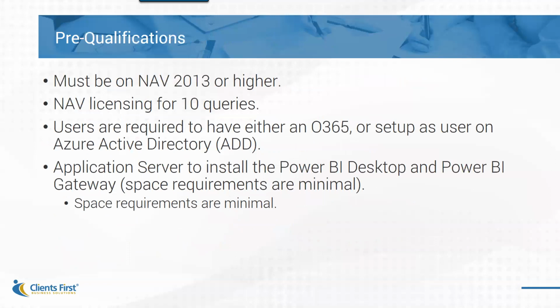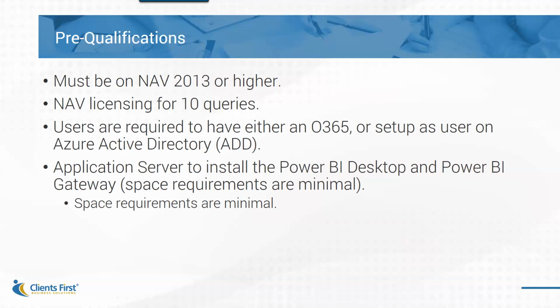So what are the pre-qualifications that are required? Firstly, you must be on NAV 2013 or higher. You must be licensed for at least 10 queries. In general, most of our clients have licensing for queries as a part of their base package. However, if you would not, you would need to purchase that.